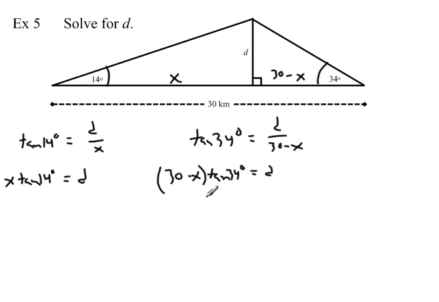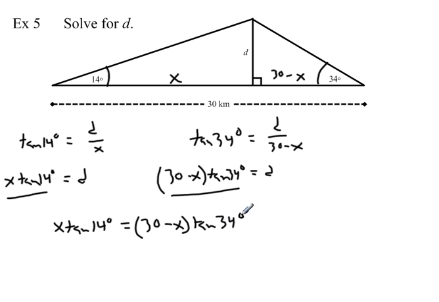Now check this out. If D equals all this stuff and D equals all this stuff, those items must be equal to each other. So now we can say X times the tangent of 14 degrees must be equal to 30 minus X times the tangent of 34 degrees.